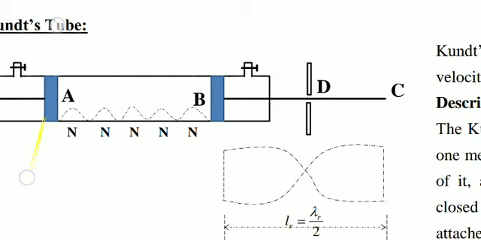Because whenever this piston is moved, the length between A and B will be an integral multiple of half the wavelength, and at some point there will be the formation of resonance, and therefore all the particles will be vibrating with maximum amplitude. If they are vibrating with maximum amplitude, we will get a loud sound.